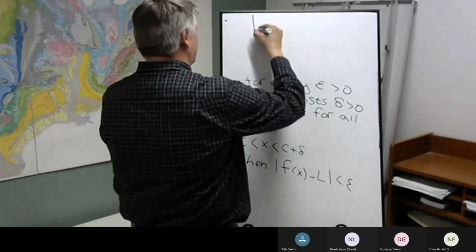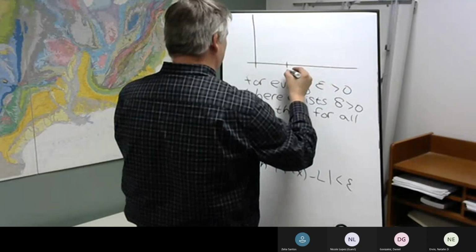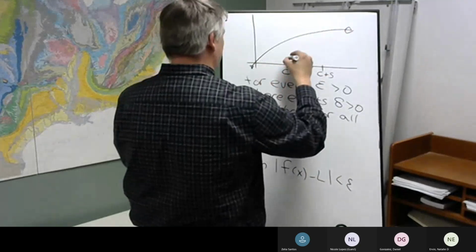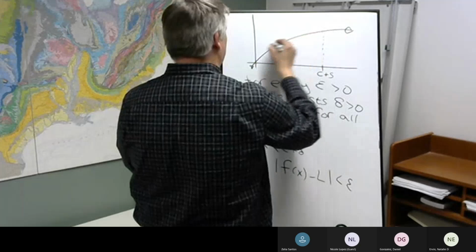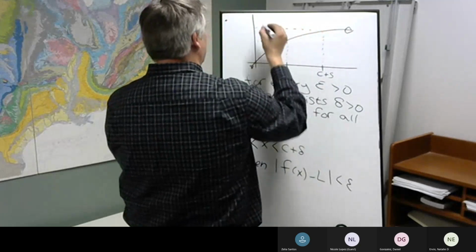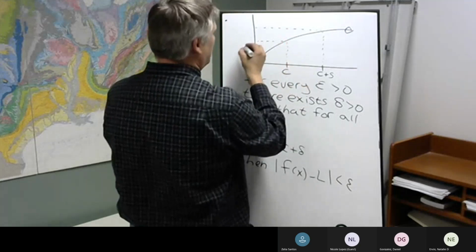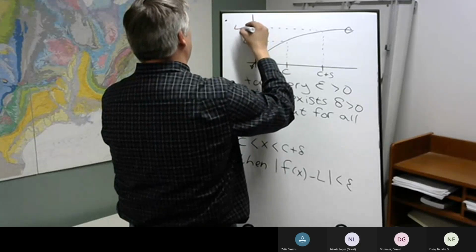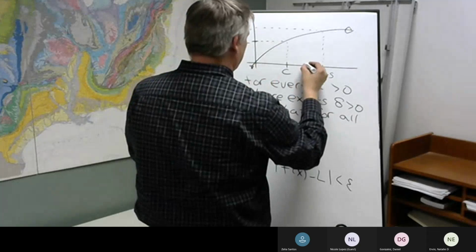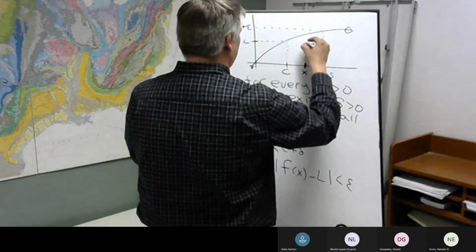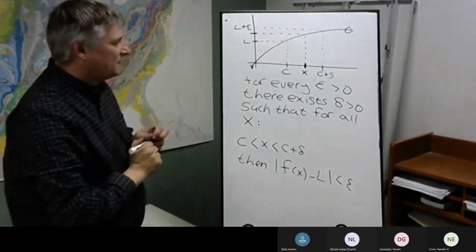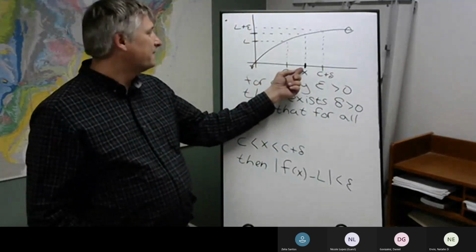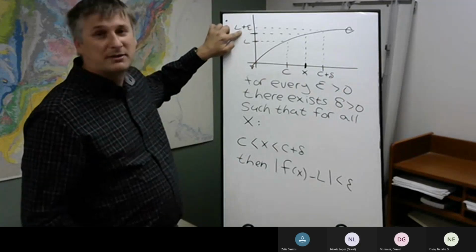So if you pick x between c and c plus delta, well, then you're going to have a value of f of x between L and L plus epsilon.